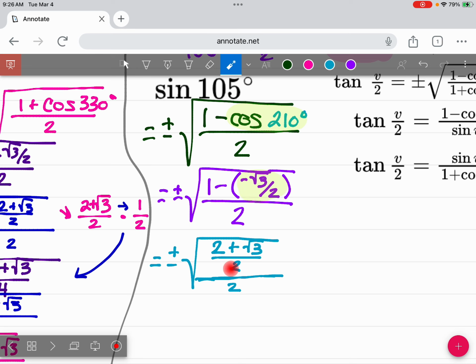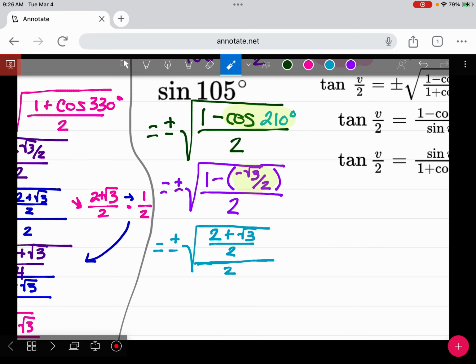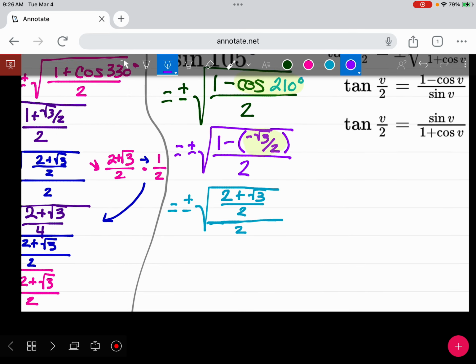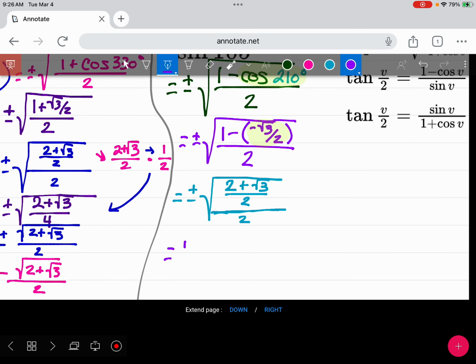I got those to a common denominator so that I can then simplify this double fraction grossness, because this is going to turn into our plus or minus square root of 2 plus root 3 over 4.